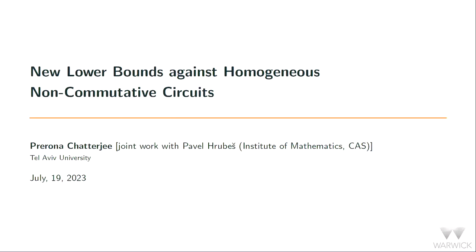Can you explain again why the restriction from IMM to linear forms and constants doesn't break your idea? Sure. So, what do we want to show? We want to show formula lower bounds for the IMM polynomial, right? So you start with a set multilinear formula computing the IMM polynomial.